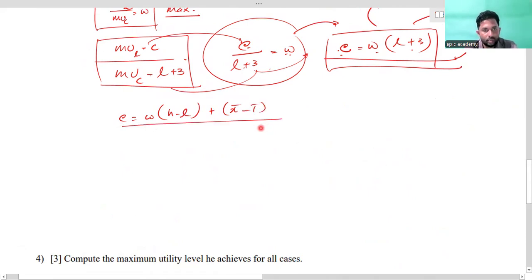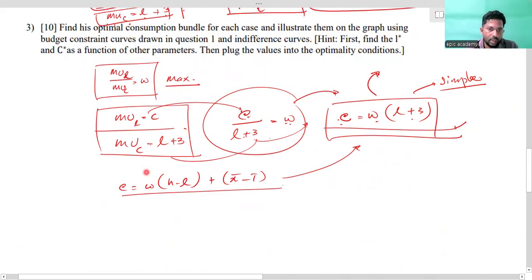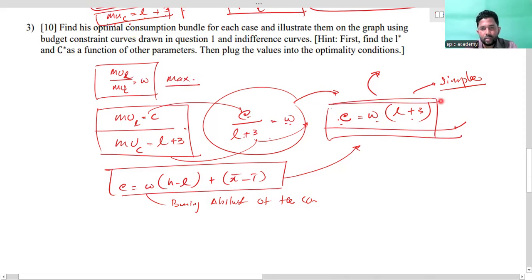So this one and this one must be equal. The budget constraint represents the buying ability of the consumer. So this one represents the consumption maximizing expectation of the consumer.